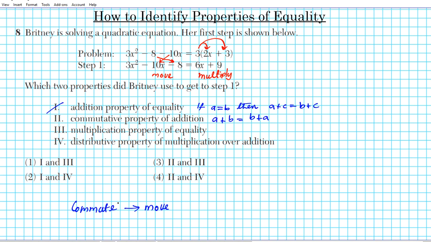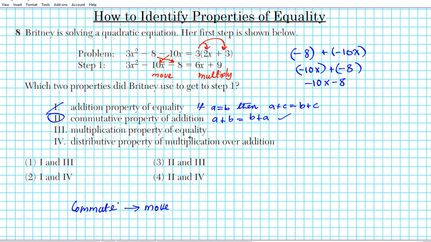So you basically have negative 8 plus negative 10x, and then she rewrote it as negative 10x plus negative 8, and then if I don't put the parentheses there, it's just negative 10x minus 8. Alright, so what she did is she reversed this addition that's going on right here. The addition here is the addition of two negative terms. So commutative property is applicable to the left side of what she did.